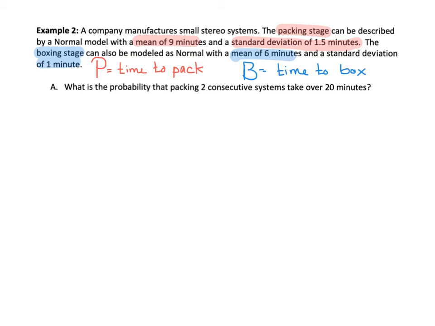So I'm going to say capital P is the time to pack and B is the time to box these stereo systems. So what is the probability that packing two systems takes over 20 minutes? So I'm going to say P sub 1 is the time for packing my first package.